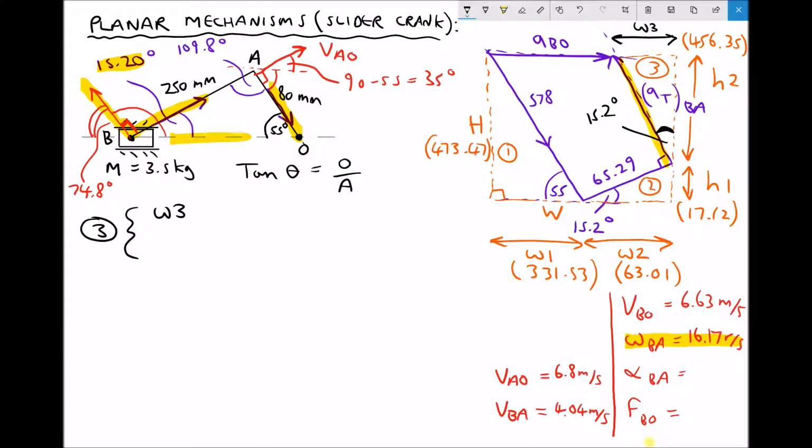If we want to find the opposite, we need to do the adjacent, which we know is 456.35, times tan of the angle, which we know is 15.2 degrees, giving us a value of W3 equal to 123.99.